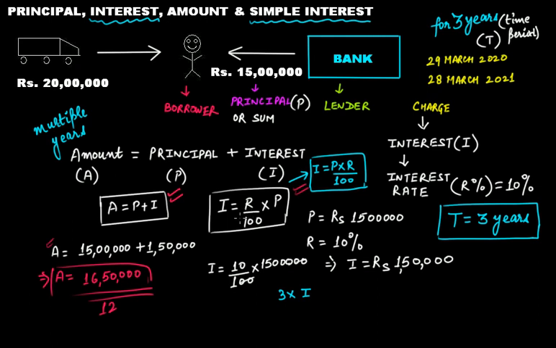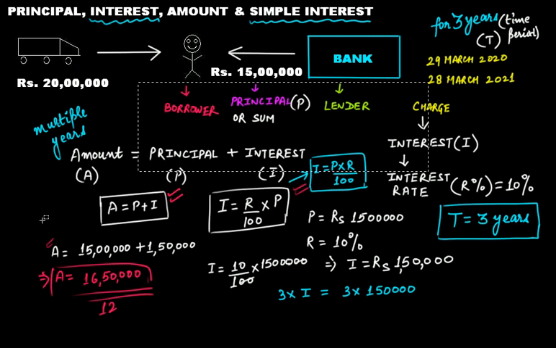In this case, the interest will be for 3 years. Why? Because for 1 year it is this interest, therefore for 3 years this will be 3 times I. So it means that in this case, that is 1,50,000, that will become 3 times 1,50,000. Now this formula, in case of simple interest, becomes, let me delete something here.